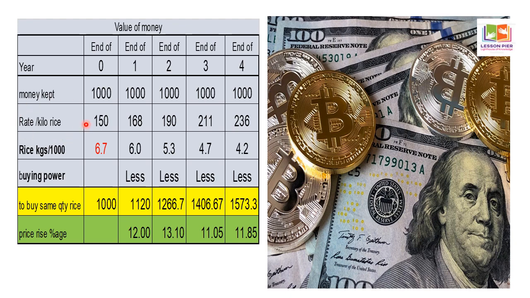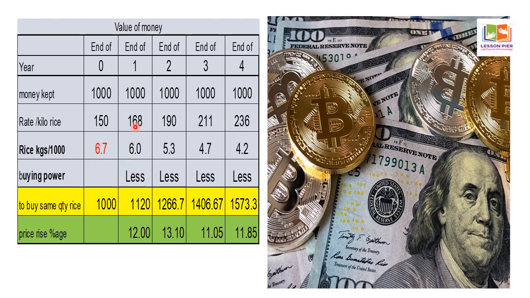Now, let's consider a commodity, rice, which we use on a daily basis normally. So, let's see the prices at the end of every year. The rate per kilo of rice, let's assume, was 150 at the end of year 0. It was 168 at the end of year 1, and it was 190 at the end of year 2, and similarly the rate goes on till the end of year 4.